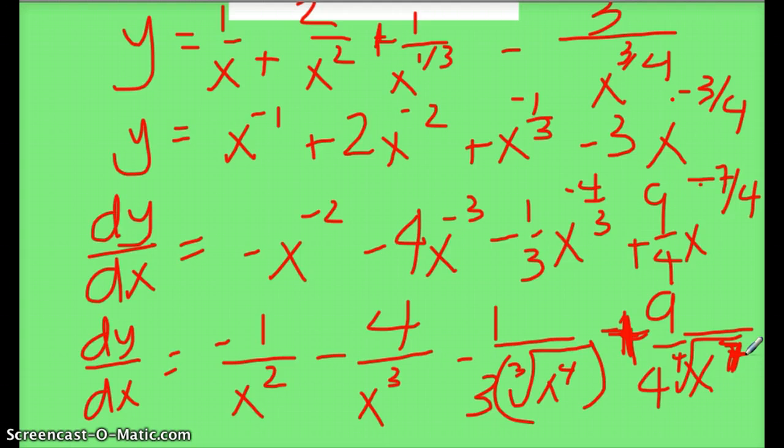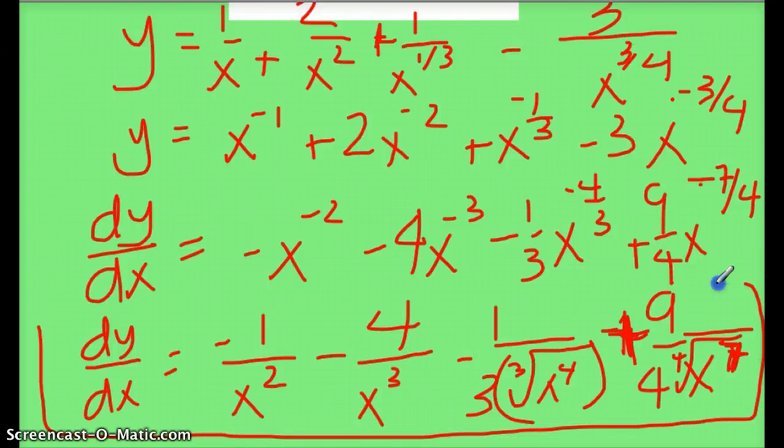And so this right here is your derivative, and it's simplified.